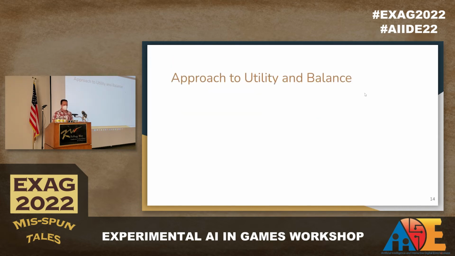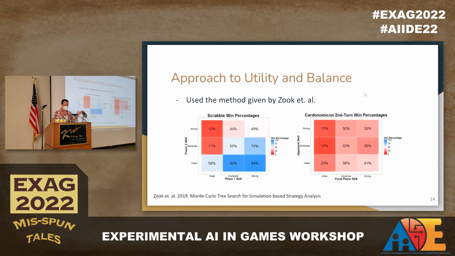So our approach to figuring this out comes from a method given by Zook et al., in which they used a series of different strength Monte Carlo Tree Search agents ranging from weak to moderate to strong, where they'd be playing in a game and using specific strategies in the games in this paper, which were Scrabble and Cardonomicon, in which using these strategies, they'd see how effective the strategy was in these different scenarios, where could a weak agent outperform a stronger agent if it was using a better strategy.